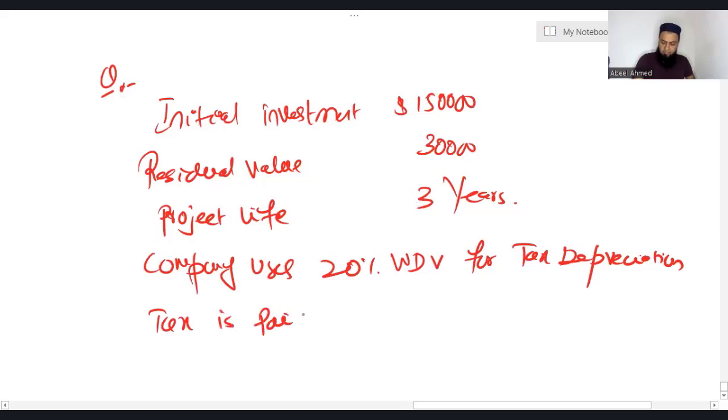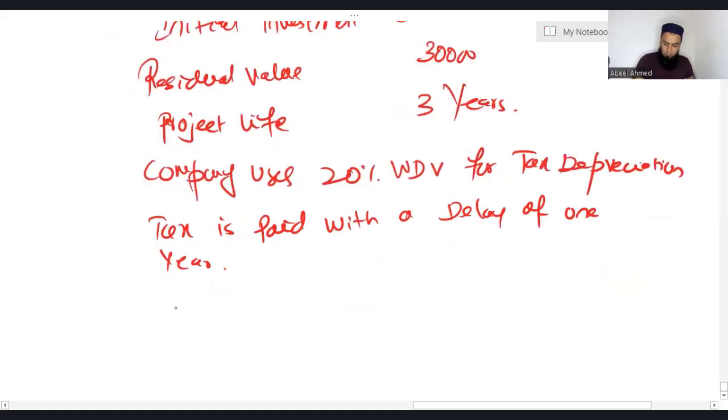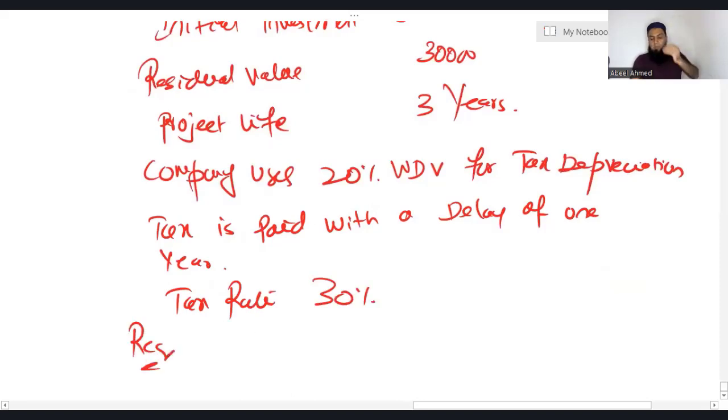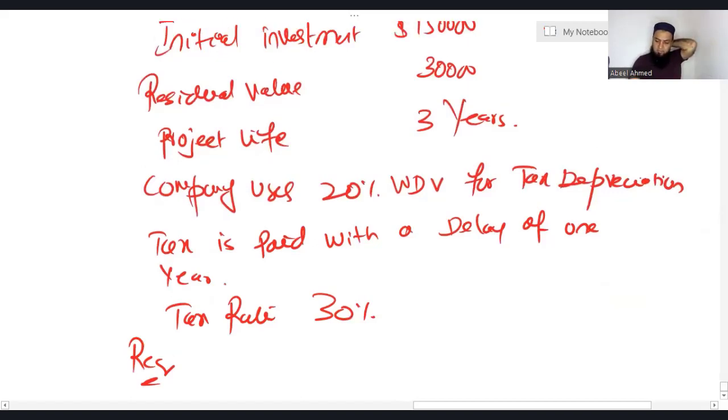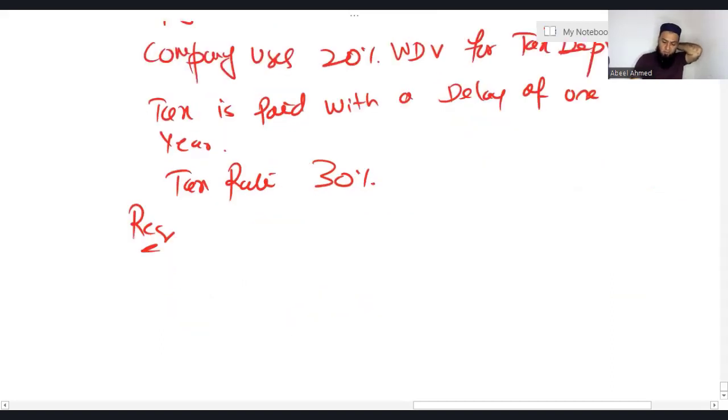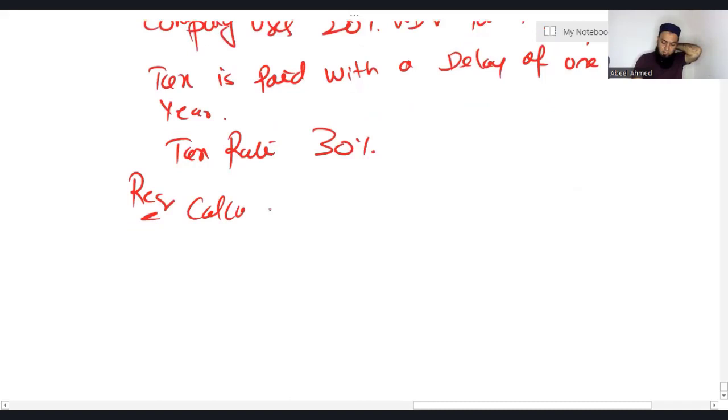Tax is paid with a delay of 1 year. Tax rate is 30%. Required: calculate tax savings from capital allowances.